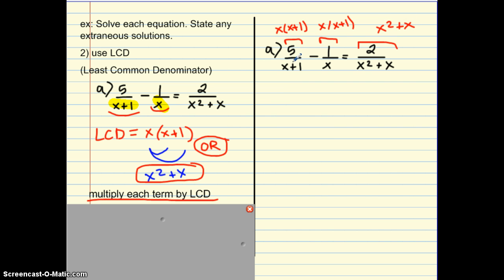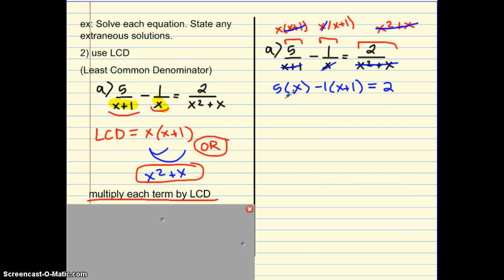And what I'm going to notice is that these are going to simplify out. So my x plus 1s are going to cancel, my x's are going to cancel, and my x squared plus x cancels. And that leaves me with 5 times x minus 1 times x plus 1, and that's going to be equal to 2.